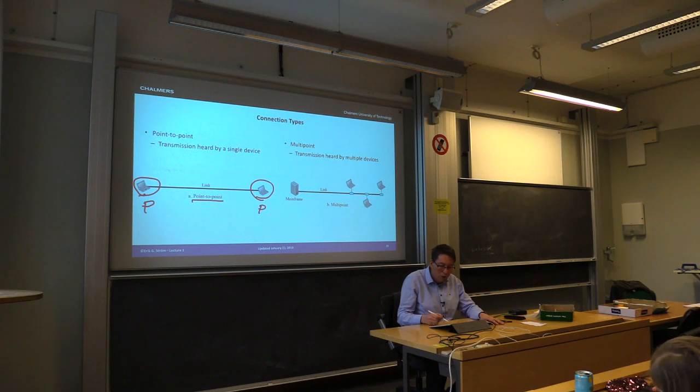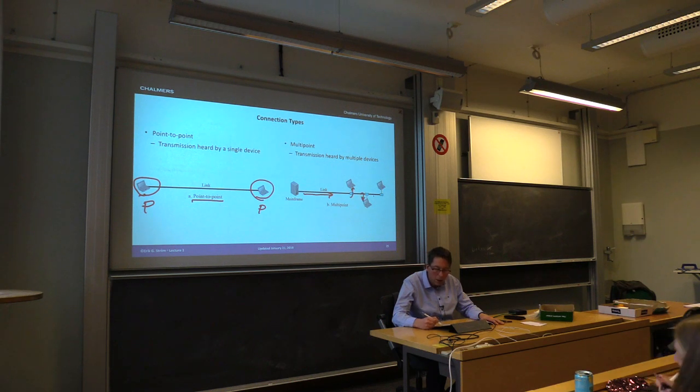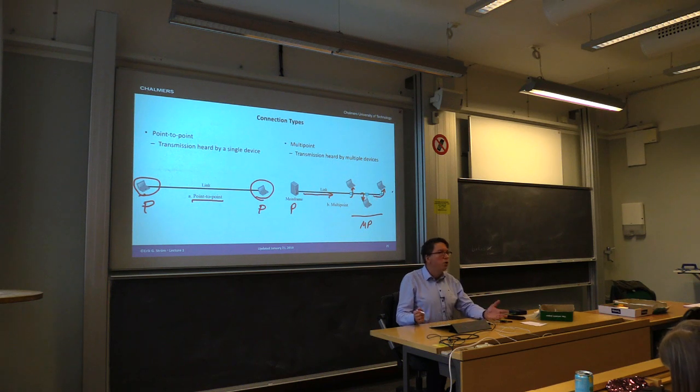Now, multipoint transmission is when a transmission that goes out of this line here can be picked up by many devices at the same time. Okay, so this is point to multipoint. Okay, so these type of architectures here, when we have a wire, used to be popular.